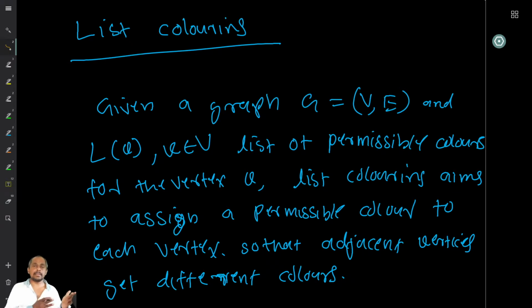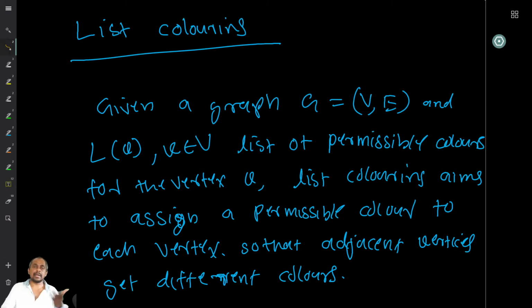So list coloring is a generalization of vertex coloring, where now we have constraints on the colors. Suppose I tell you that the chromatic number of the graph I am going to give you is, let us say, 2. Which means that if every vertex is given the colors 1 2, 1 2, 1 2, then I can color the graph with just these 2 colors.